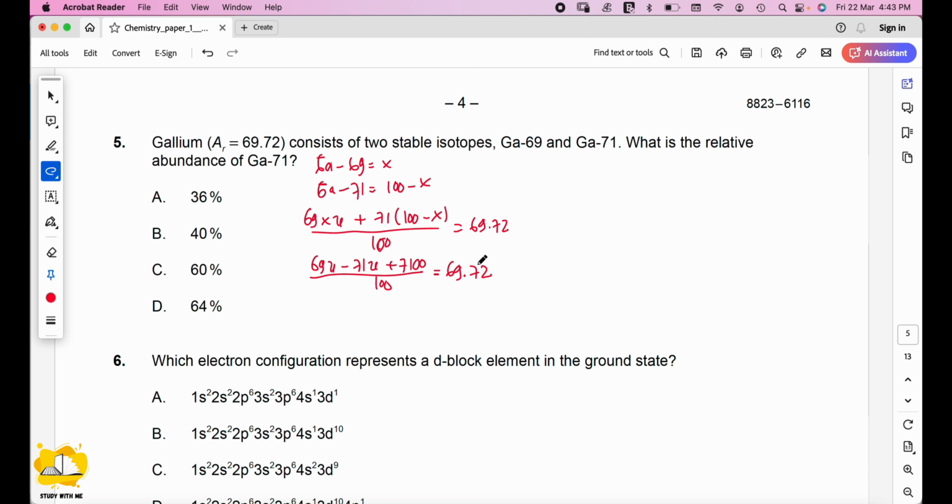After doing some other calculation, you will find x is 7,100 minus 6,972, divided by 2, and you will get 64 as x. So gallium-69 is 64%, and gallium-71 will be 100 minus 64, which is 36%. So the answer will be A.